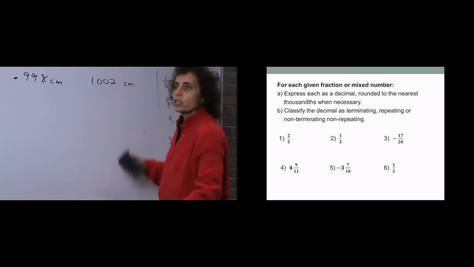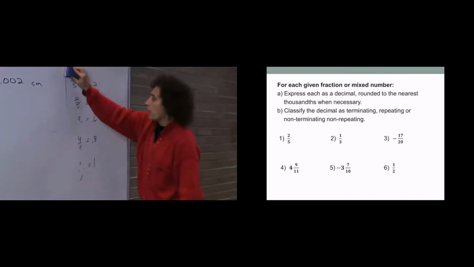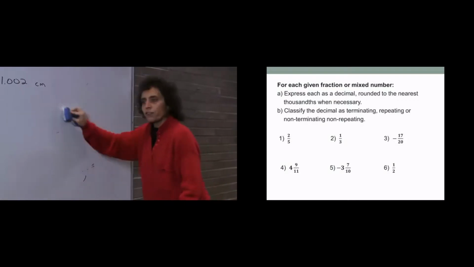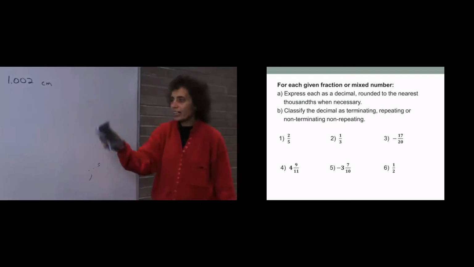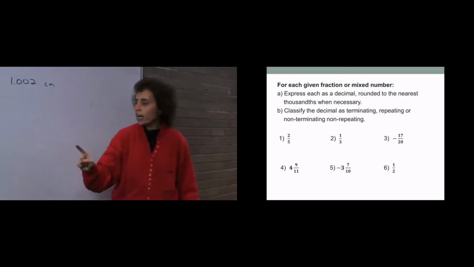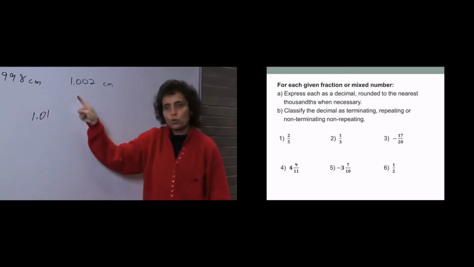You want to know the lengths that are acceptable. So the first length you have is 1.01. So you're trying to tell if that length is between these two lengths.